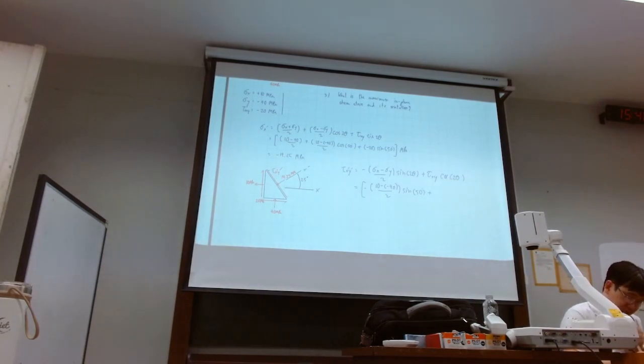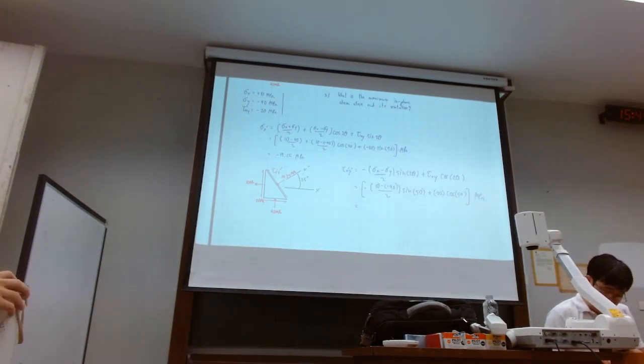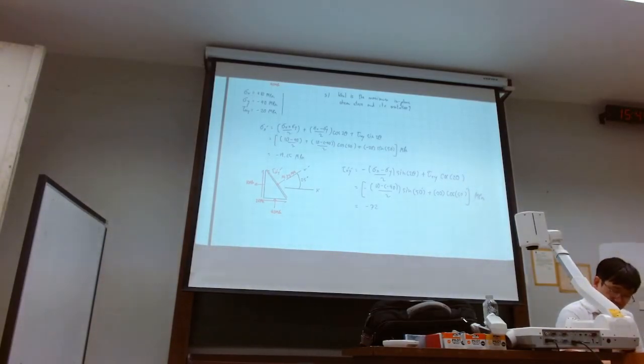Put the big parentheses, minus 20 cosine of 50 MPa. So substitution will give you positive 25, negative 25 sine of 50, negative 20 cosine of 50. So we get negative 32.0 MPa.